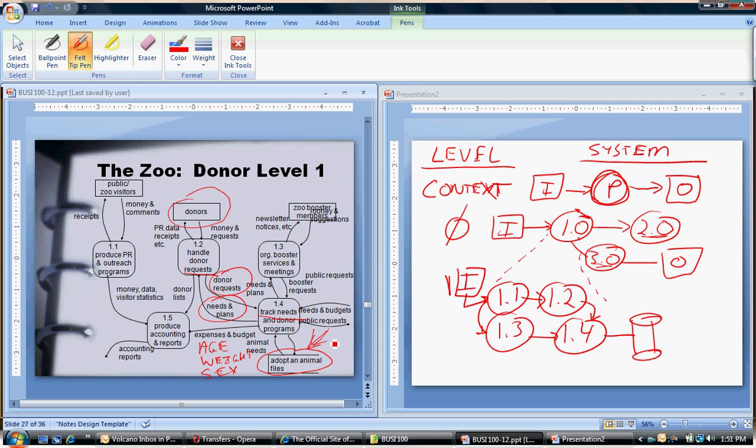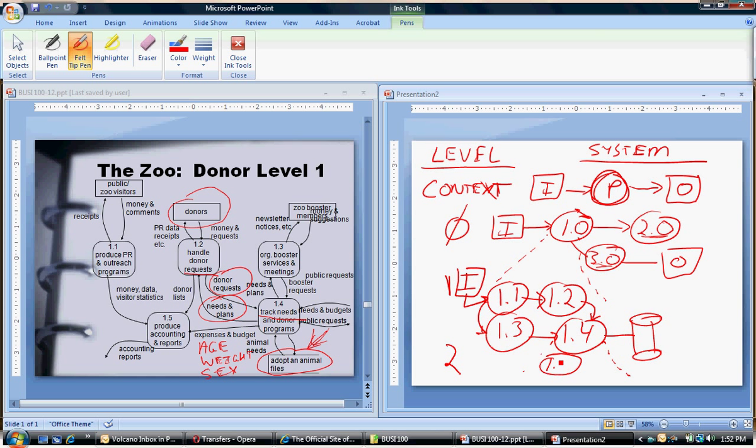And so then we can keep on going even further. So I'm going to go back over here to my whiteboard. I could go to a level 2, and I could take, say, this process 1.4 and blow that out into more detail.